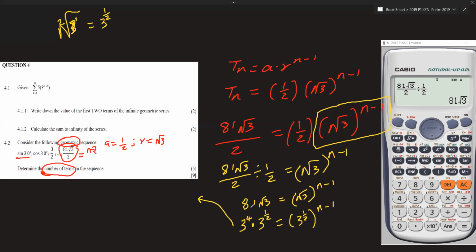Remember, if I have the same bases, I can add the exponents, right? So on this side, it's 4 plus a half; let me be a little bit lazy here and just use a calculator. So it's 9 over 2, right? We keep the base and write the sum of the exponents. And on this side I'm going to FOIL, because we can treat it as a bracket as well.